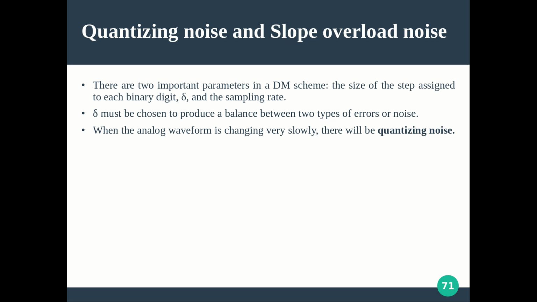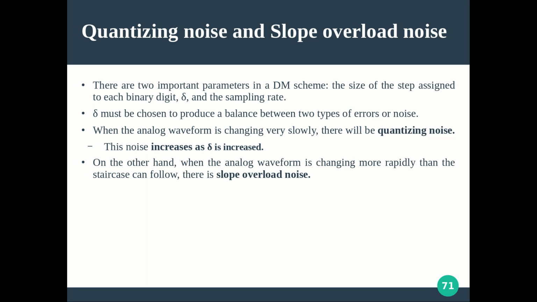When the analog waveform is changing very slowly, granular noise will occur, and this noise increases as delta is increased. I explained that already. To reduce this error, you can decrease the delta.